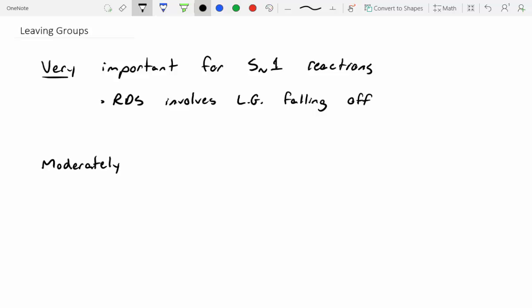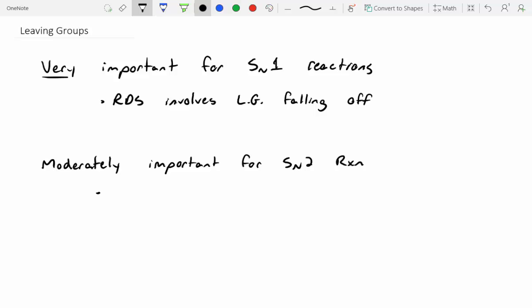So it's moderately important for SN2 reactions, but it's much, much, much more important for SN1 reactions. And the reason it's important for an SN2 reaction is that rate limiting step, that transition state, does involve the leaving group falling off, but it also involves the nucleophile. So it's got two important features.